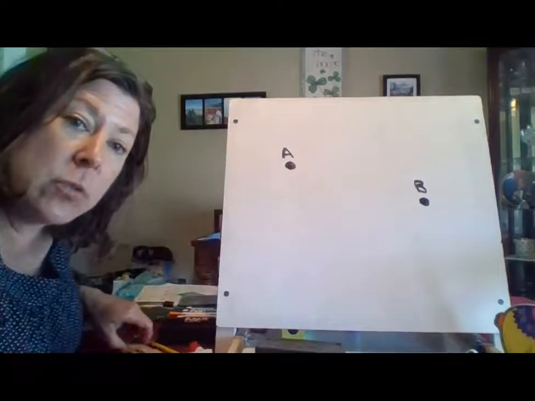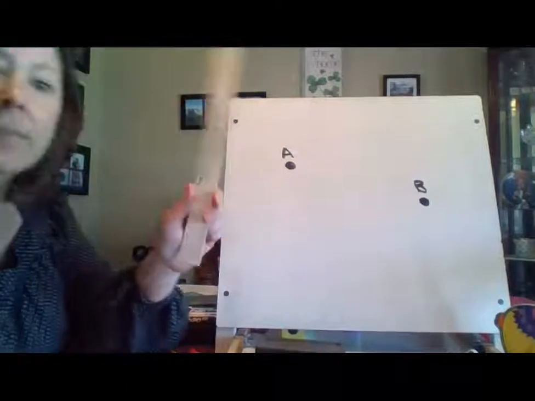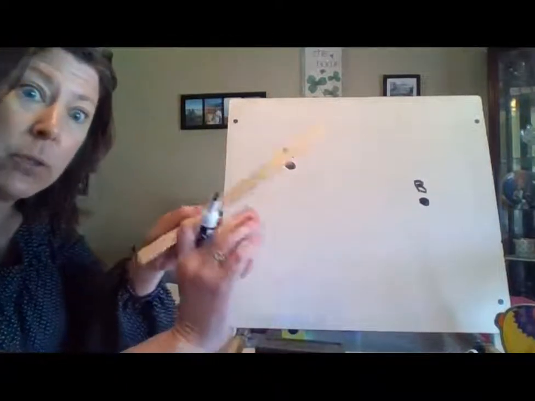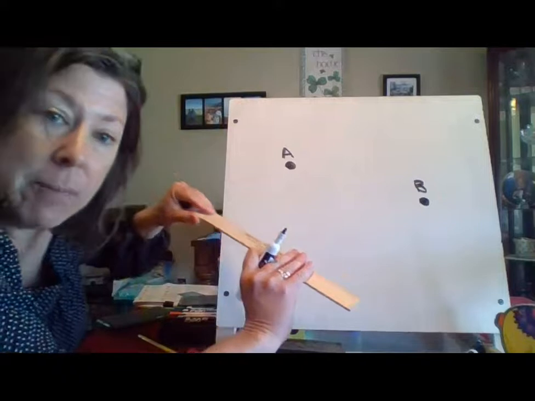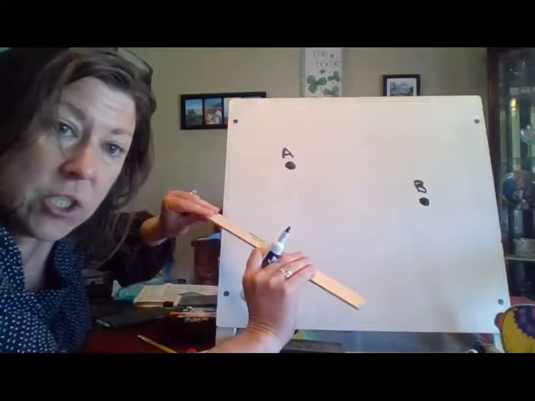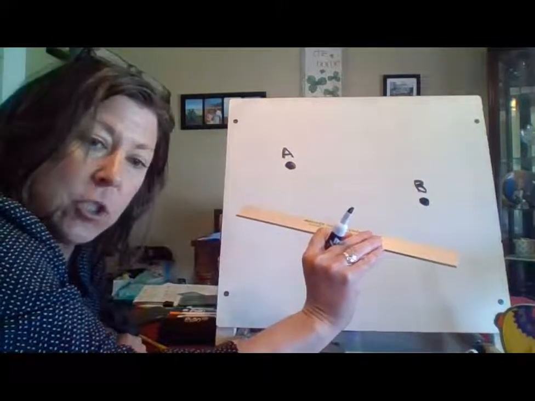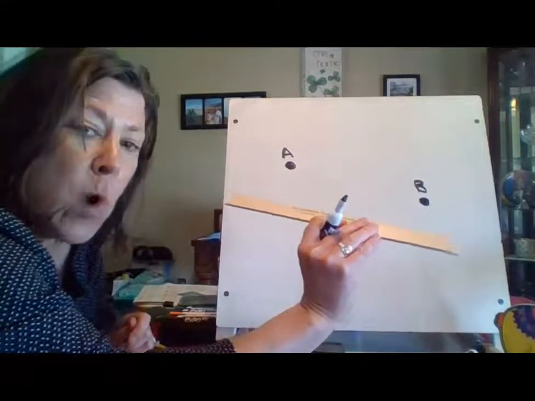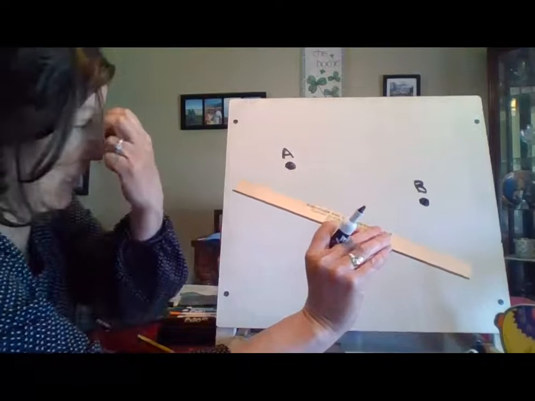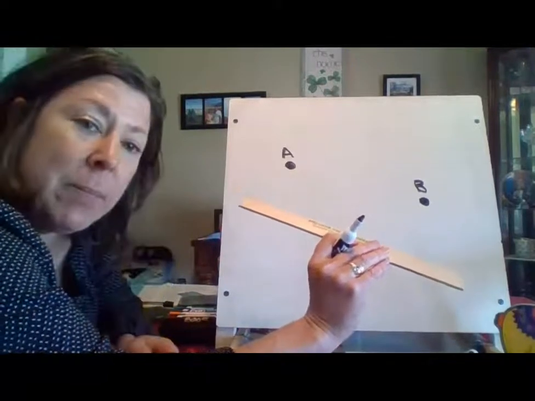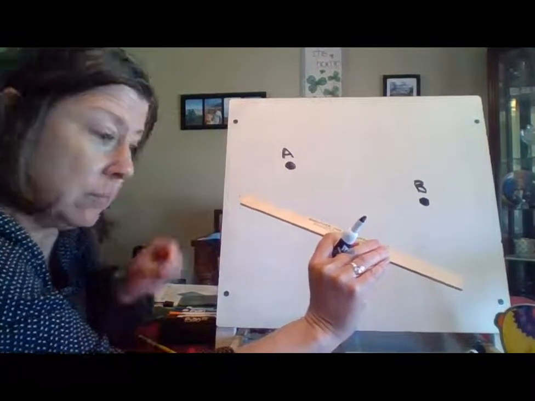Then you have to use a straight edge. I do happen to have a ruler with me, but remember you can use any straight edge that you have. It says to draw ray AB. Now, remember a ray is like a one-way street.